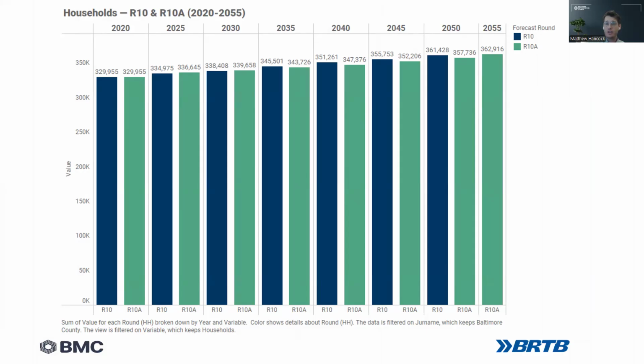This is largely offset by the expected growth post 2050, indicating that we'll have more modest growth expected in households in the near term, with more expected growth in the longer term.